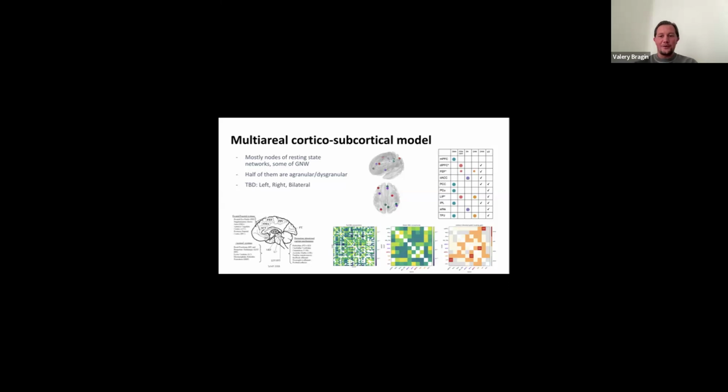So it's mostly higher order and associative ones, many on the intersection of resting state networks like the default mode network, frontoparietal, salience network, and some of the attention network. Here we constrain the model with functional connectivity from the macaque experiment with thalamic DBS that I showed before from Tasserie.